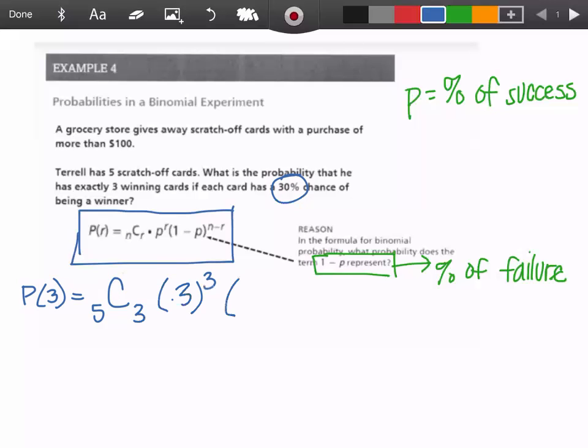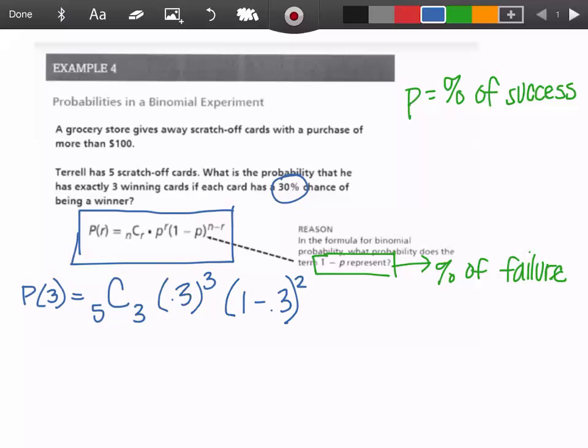And then to get 1 minus P, we take 1 minus 0.3, raised to the remaining cards. If there's 5 total cards and you're subtracting out 3 winners, there are 2 that are failures.